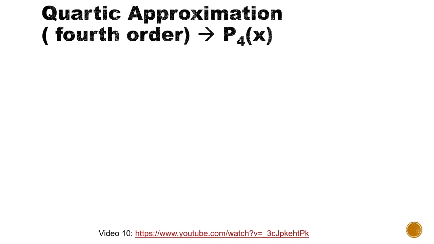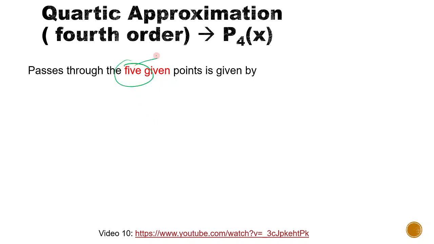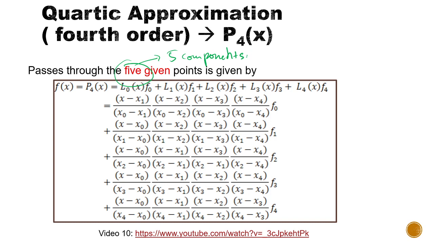Before that, we go for the quartic, which is 4th order. So when it is 4th order we must have 5 given points. When there are 5 given points, there should be 5 components: first, second, third, fourth and fifth.